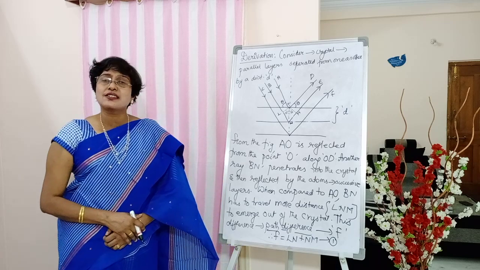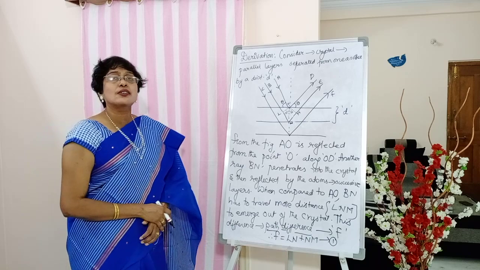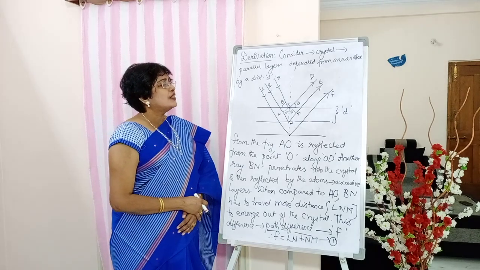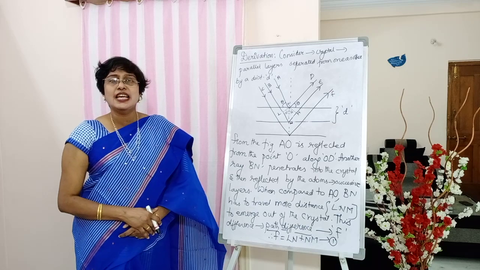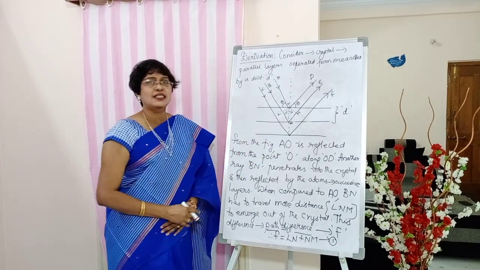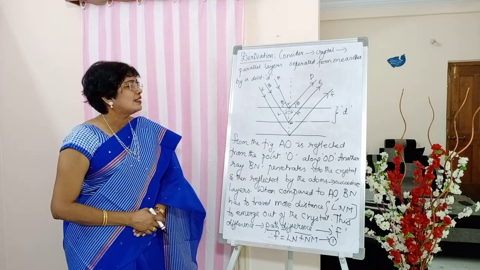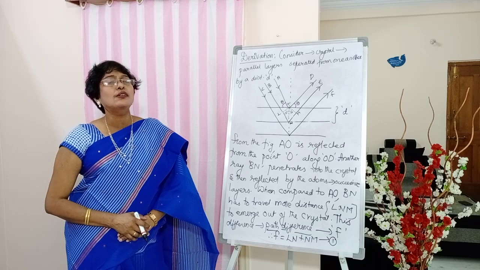How much more distance has it traveled to come out of the crystal? That extra distance is represented by LN and NM, students. This is the extra distance traveled by BN when compared to AO.